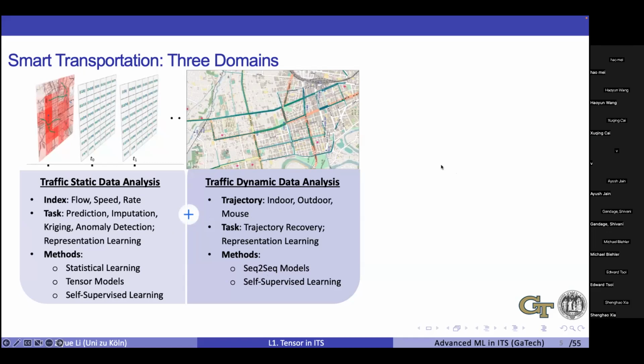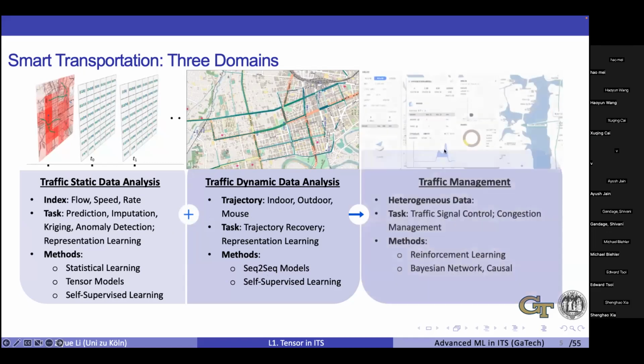And the third type is traffic overall management. The task is that we combine the heterogeneous data, from either the static data or the dynamic data, or whatever data we can get, to optimize, for example, the traffic signal control, or to better manage the traffic congestion situation.